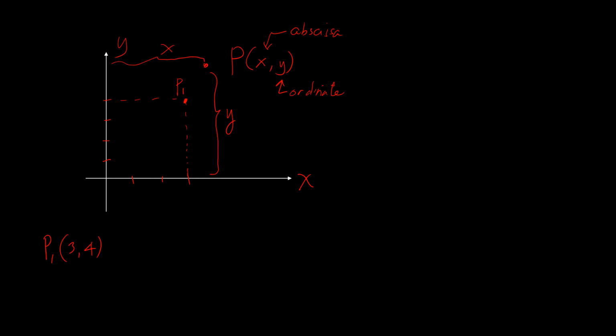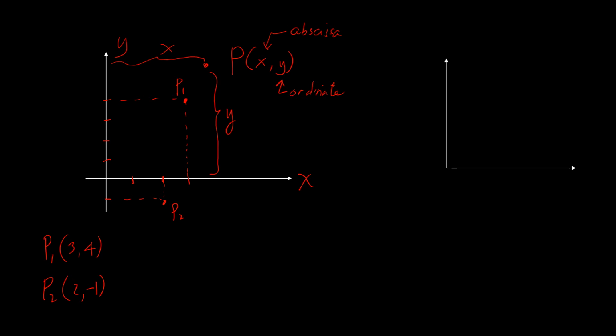If we take another point, say P2 with coordinates 2, -1, the location is 2 units from y and 1 unit below x. That is the location of P sub 2.